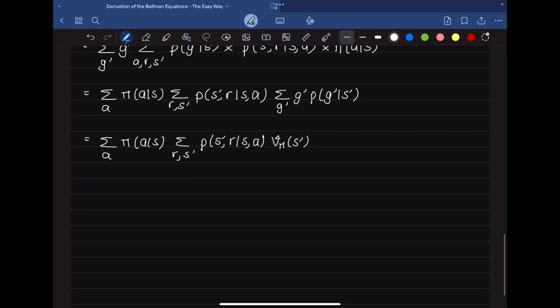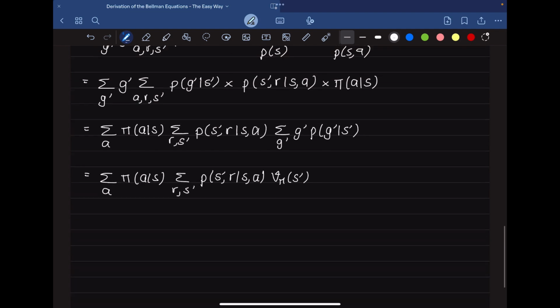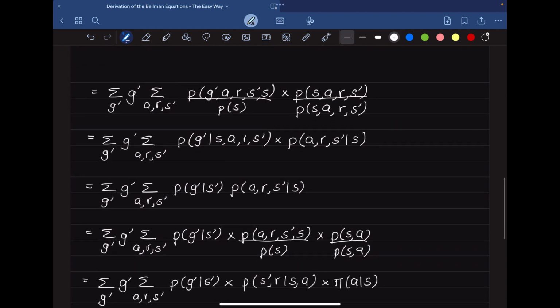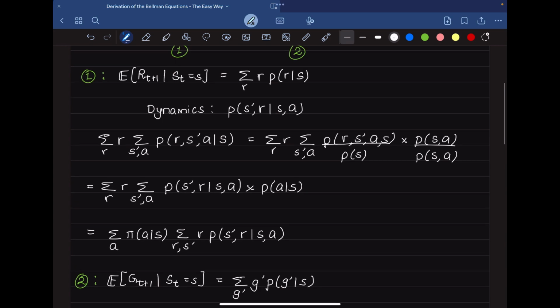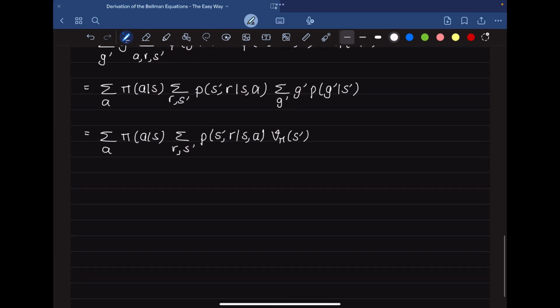So now we have again derived the two terms of the Bellman equation of the state value function, and so therefore we can now write the entire expression in a short form. This will be summation over all the actions, and this will turn out to be common in both the terms.